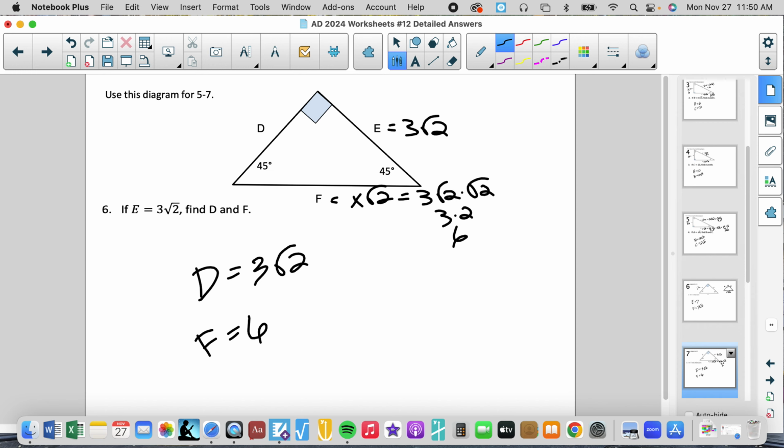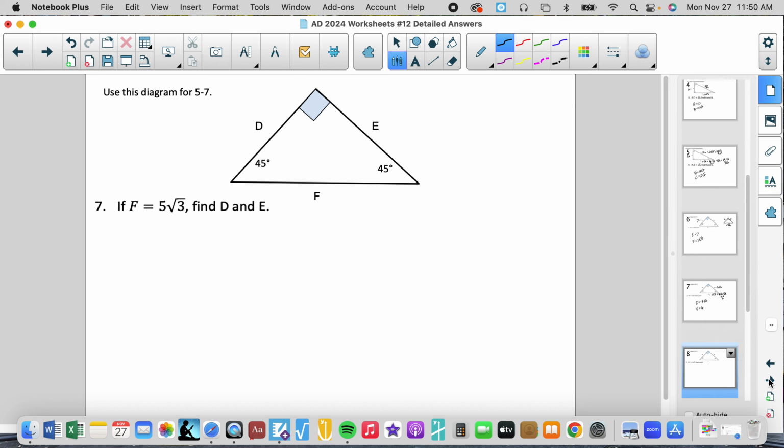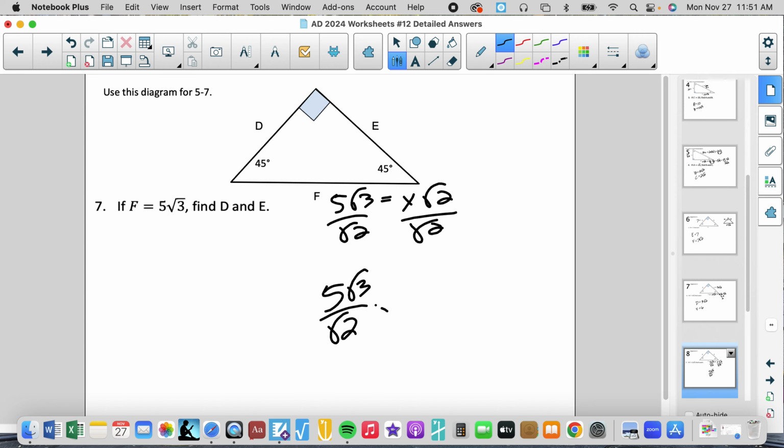That's a good one. You've got to know that you can multiply those radicals. And F is 5 rad 3. That's good. We could write it in this manner, and now let's solve for x by dividing by rad 2. A lot of students would leave it like this, but we can't have a rad in the denominator. So how do we rationalize that radical? What's going to get rid of a rad 2?